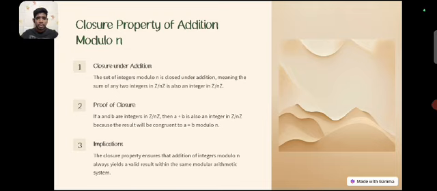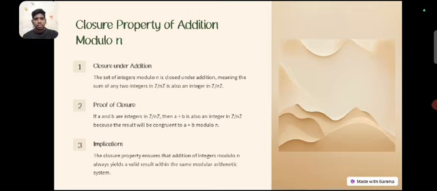If a and b are integers in Z/nZ, then a plus b is also an integer in Z/nZ because the result will be congruent to a plus b modulo n.